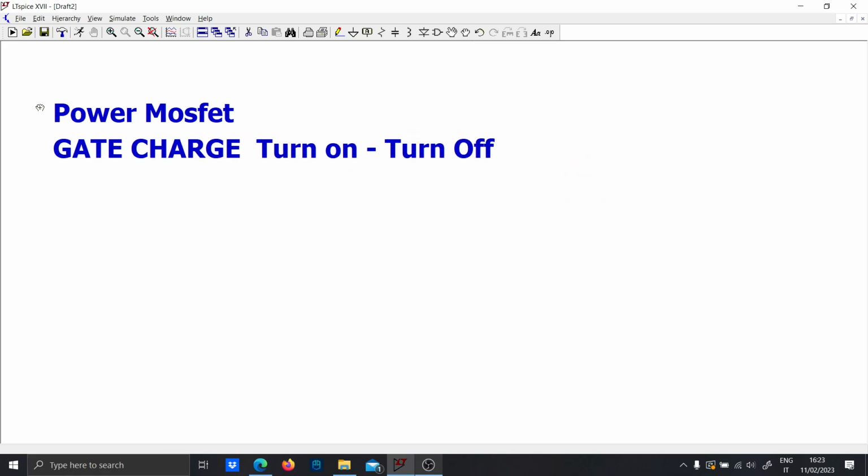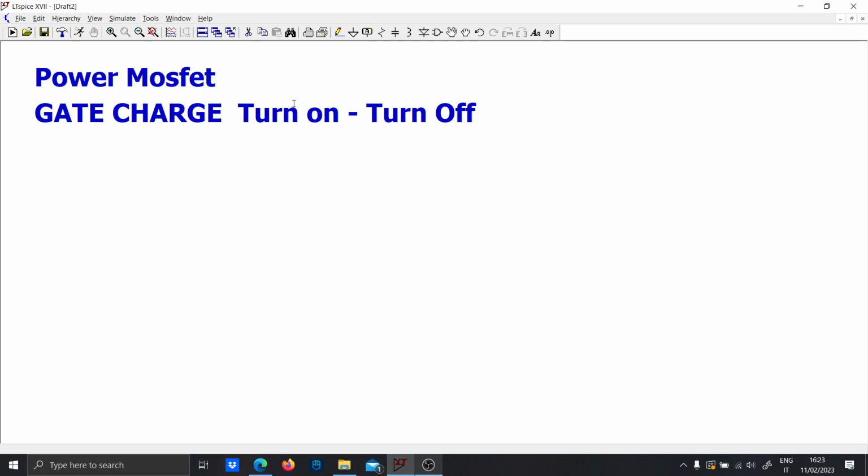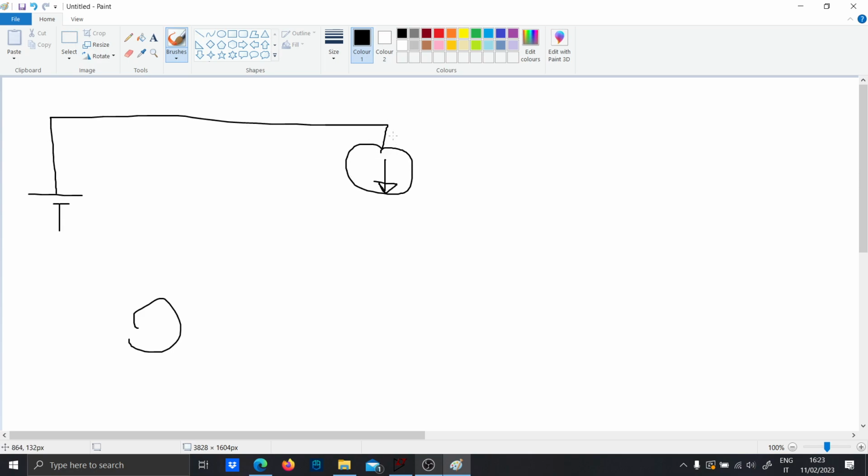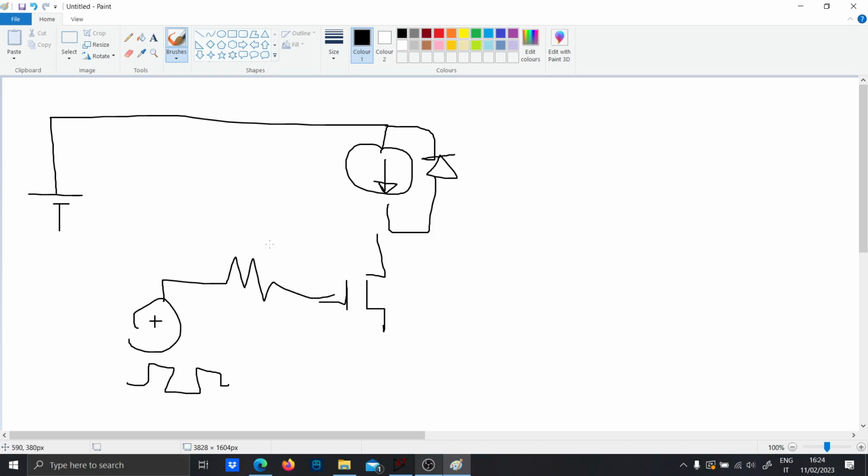If you look at some datasheets, you can find different types of circuits, but anyway, the principle is this: you have a constant voltage, and you have a current source with a diode, and here you have your MOSFET with a pulse on the gate with a fixed RG resistor, and this will be your VI.